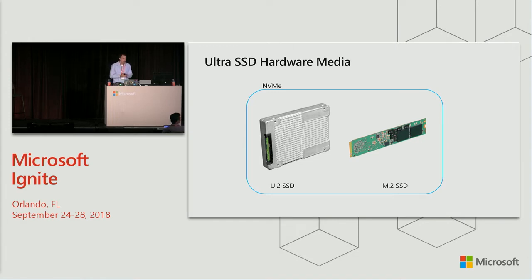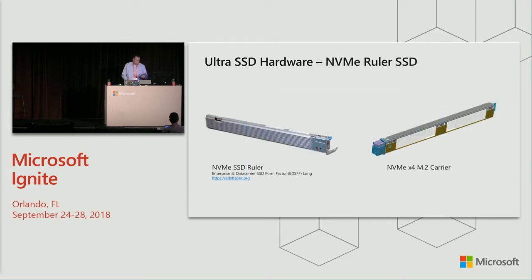Azure's been using M.2s. We like them because you can cram a lot of them into most of the servers that we have, with the downside of M.2s being that there are thermal challenges because the controller is really near the base of the M.2. So what we did is I came up with something new. We worked with the suppliers to come up with these. This is a SATA, this is an Ultra SSD, the ruler SSD.